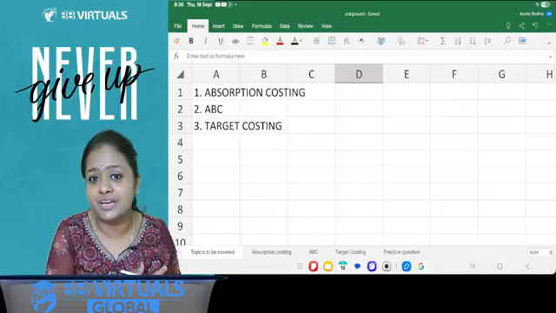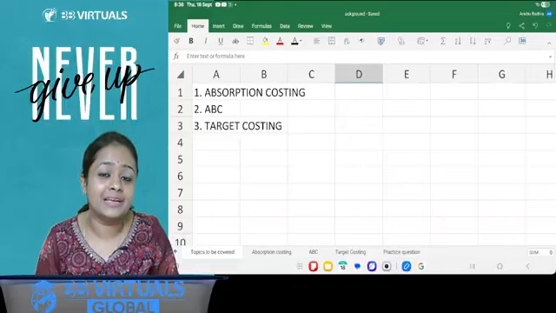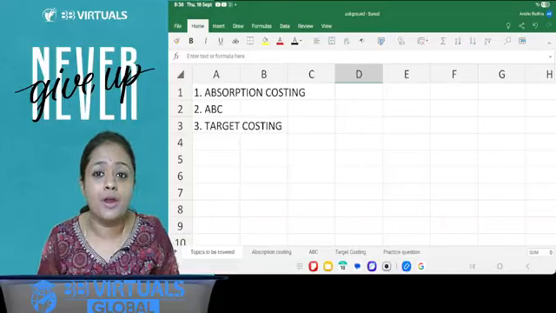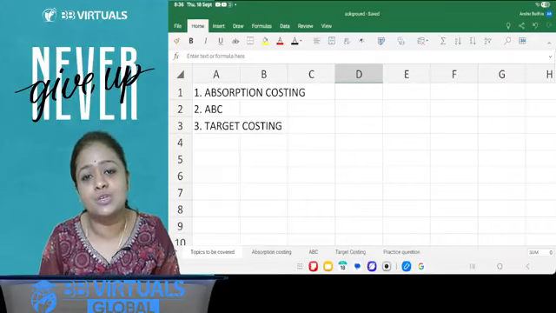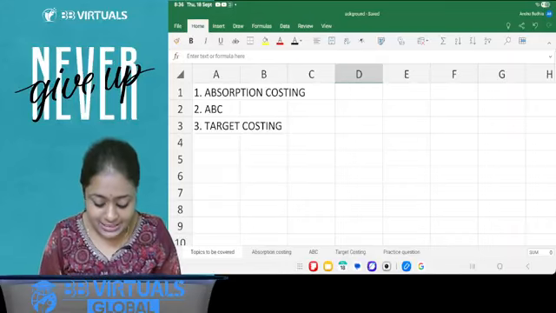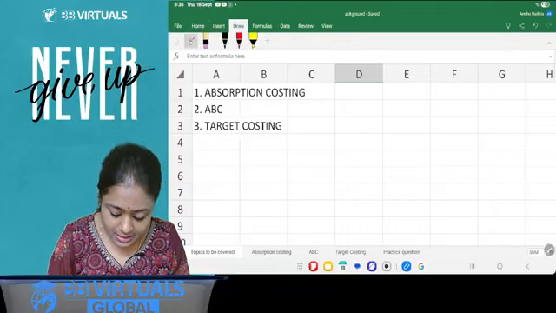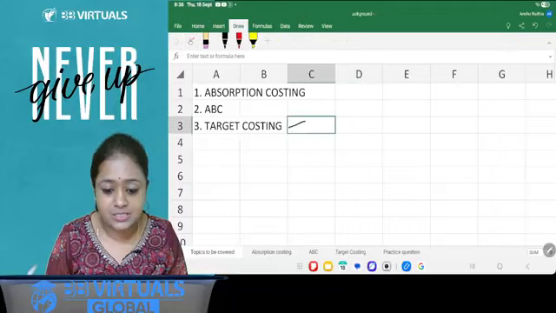We had already covered it yesterday, so it's kind of a revision for us, and how do we apply that in a question? Along with that, what is ABC, what are the pointers to be considering for ABC and how to apply that also in a question? Then next we would also be discussing target costing, one of the very important areas to discuss.